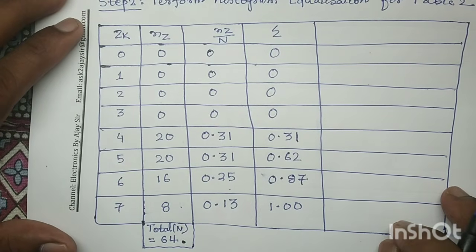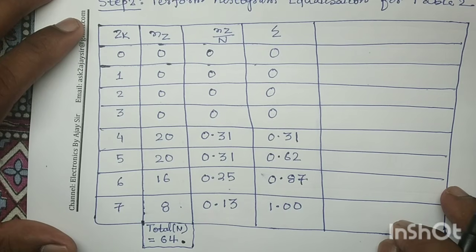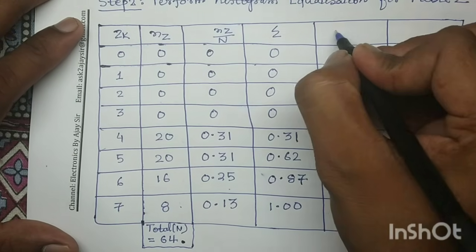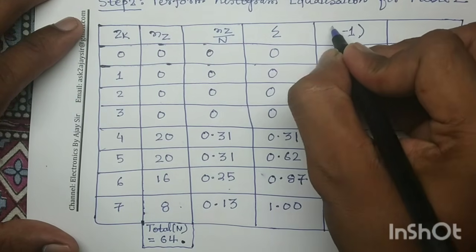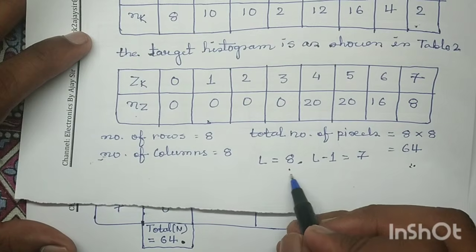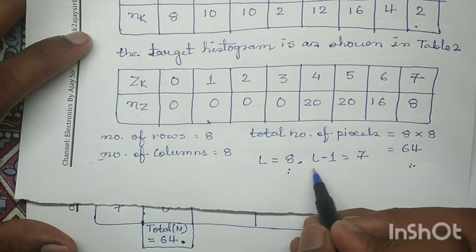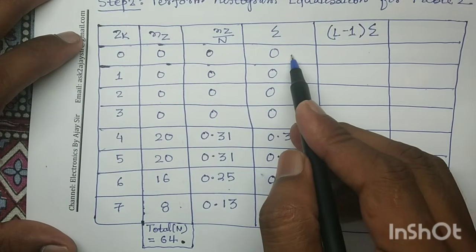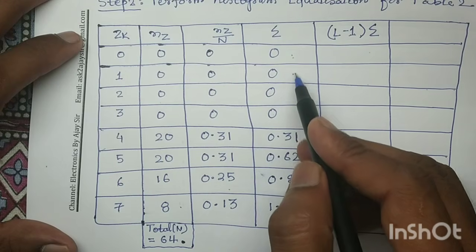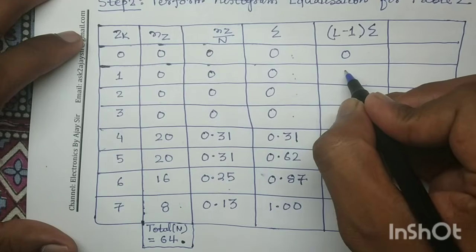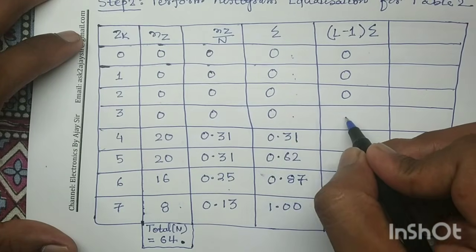After determining the cumulative probability density function CPDF, next we will determine L minus 1 into sigma. So earlier we have determined the value of L equals 8, and hence L minus 1 equals 7. So each of these numbers will be multiplied by 7. 0 multiplied with 7 is 0, 0 multiplied with 7 is 0, 0, 0.